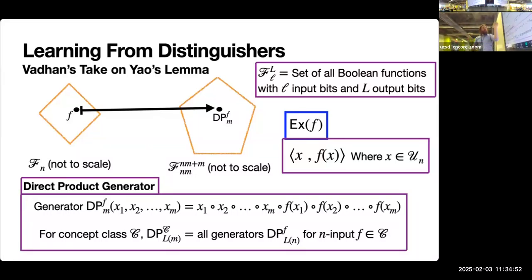I want to apply this transformation in bulk to the entire concept class to get a collection of generators on the other side of the arrow. We're going to denote that for a concept class curly C, DP sub l of little m curly C is going to be all the generators built by taking each n-input f in C, okay?